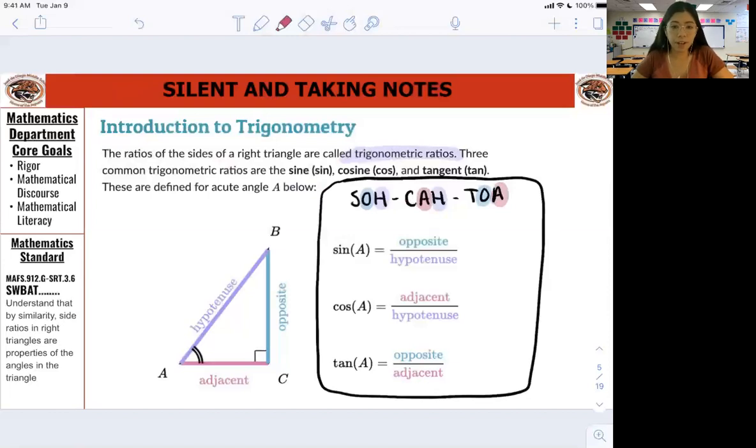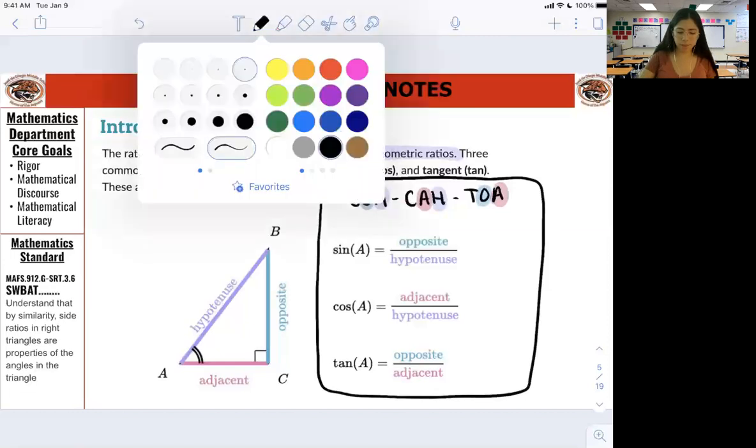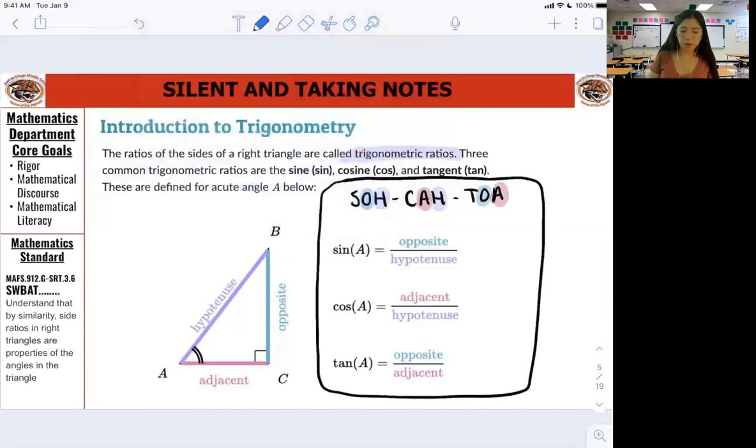Now, as you finish writing this, I'm just going to look over at the diagram and make sure that we see what's going on here. We're looking at the sine of angle A. So angle A is right here. When I calculate the sine of A, I'm looking at the opposite side, whatever that side length measures.